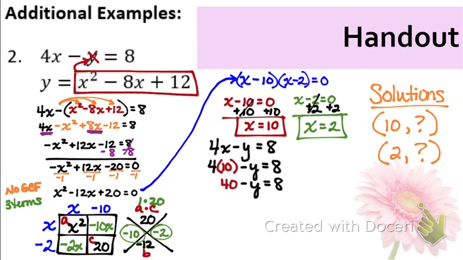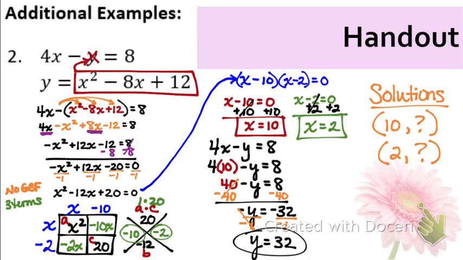Minus 40 on both sides. What's 8 minus 40? -32. So I have negative y equals negative 32. How do I get y alone now? Divide it by a negative. So y equals what? Y equals 32.